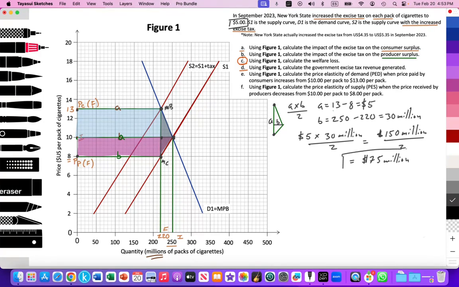So the welfare loss is equal to 75 million if your society desired this price and quantity of cigarettes produced and consumed, and the government intervention is taking us away from that. In the context of a negative externality, we would go to social optimum. But again, this is just a practice welfare loss question, to practice if we can identify and calculate that area. All right, let's move on to the next question.